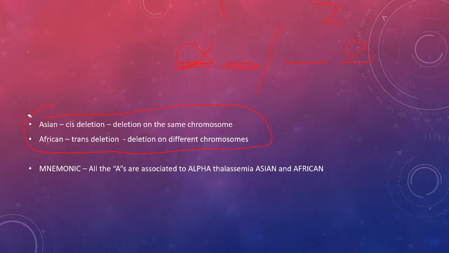So the mnemonic is that for all alpha thalassemias, you just need to remember A. It either occurs in Asians or it occurs in Africans, and then you're going to say AC and AT. AC for cis deletion, because I suppose this is a question that is usually asked. Okay, and African for trans deletion, AT.